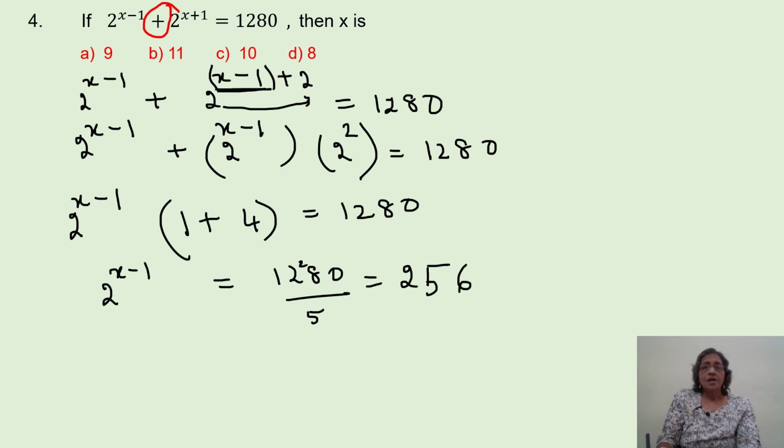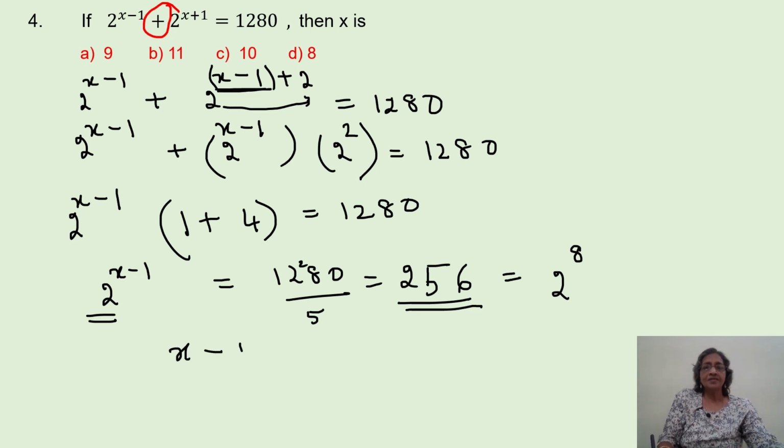6. Now if you look at this number 256 and if you look at the base here, what we can do is bring this to the same base. So what is 256? 256 is nothing but 2 raised to 8, and bases are the same.